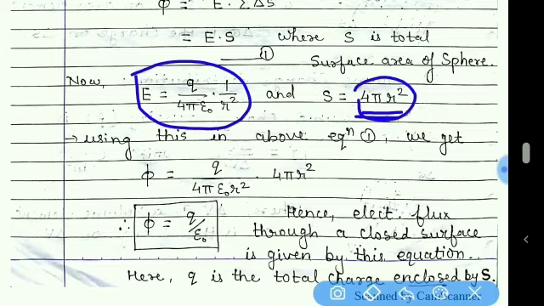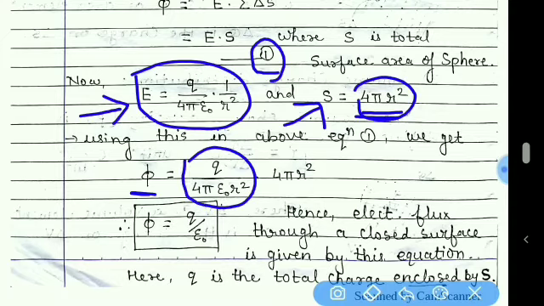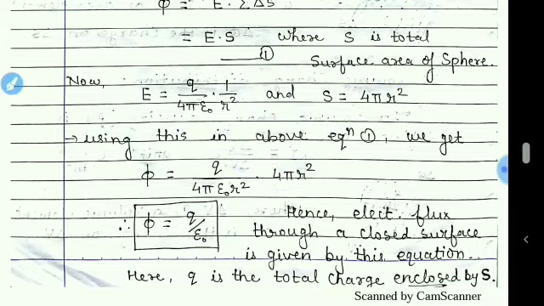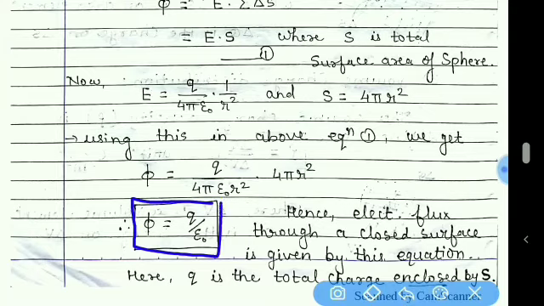So now using this value of E and value of S in equation number 1, we get phi is equal to E and S. See, we have put in these formulas, and now simplifying we get the total flux linked with the spherical surface as phi is equal to Q upon epsilon naught.